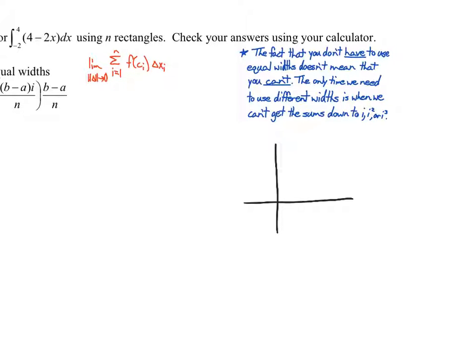So now we're going to go from -2. This is a line, so if I plug in -2, we're up here at 8. There's that point, and we're going to go all the way to 4. At 4, we are at -4.